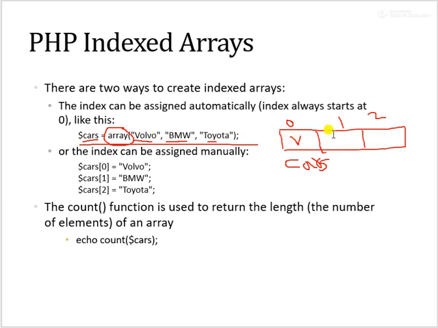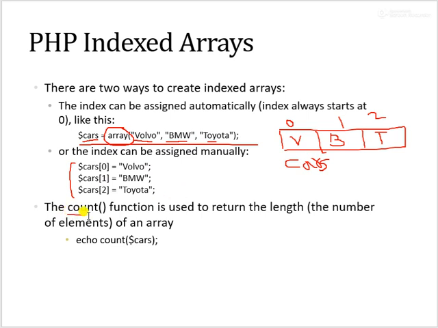I am not going to write the full one. 1 will be initialized with BMW, and 2 will be initialized with Toyota. Or you can assign the index manually like this: car 0 is Volvo, car 1 is BMW, and car 2 is Toyota.